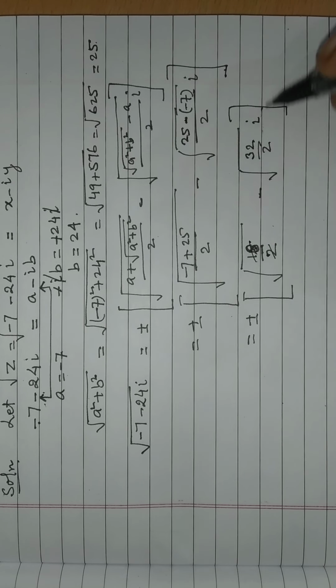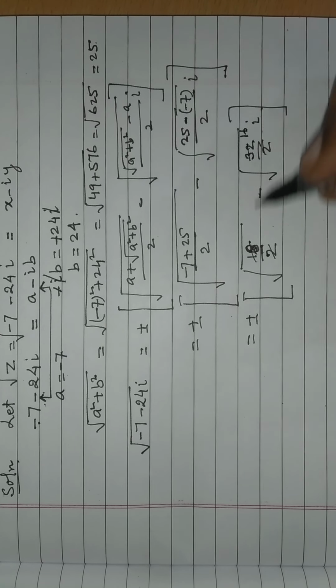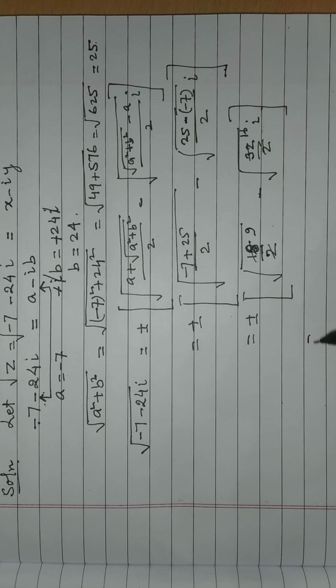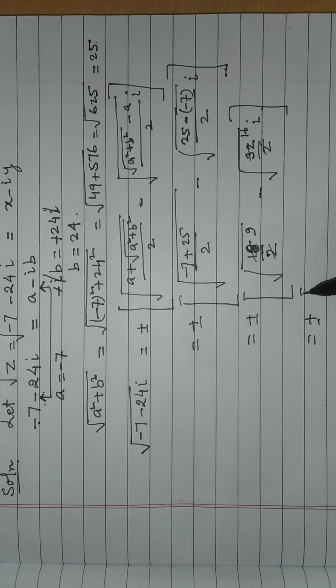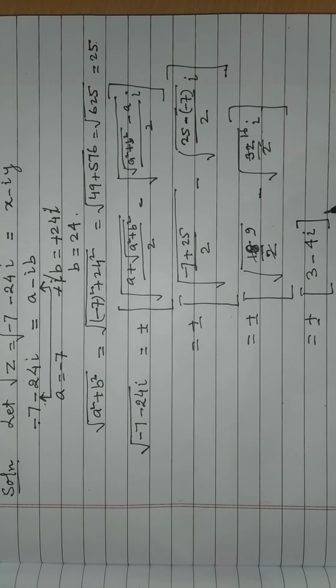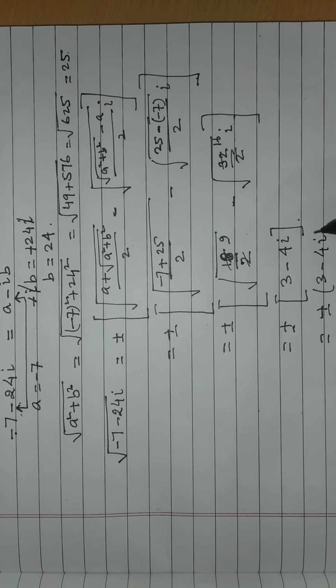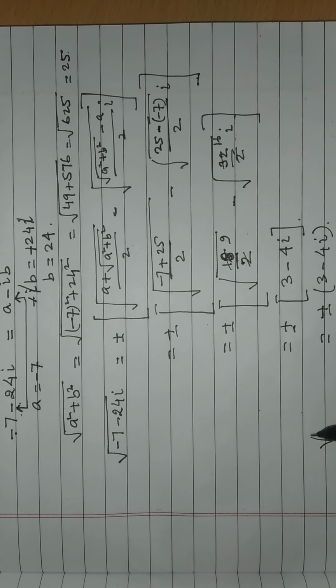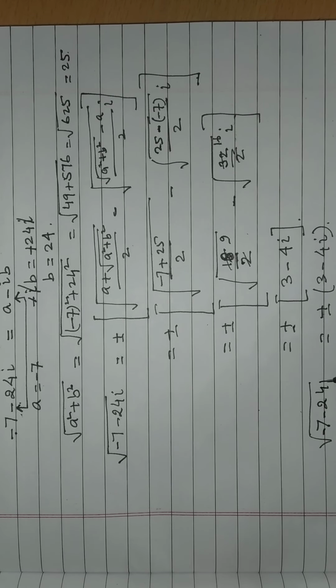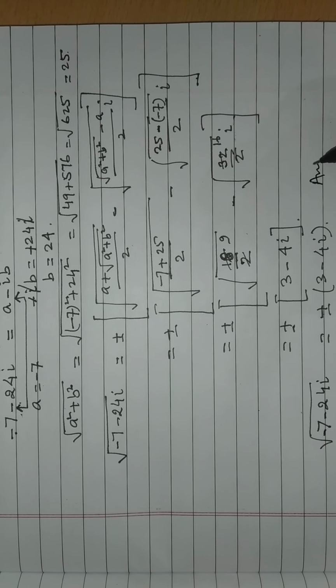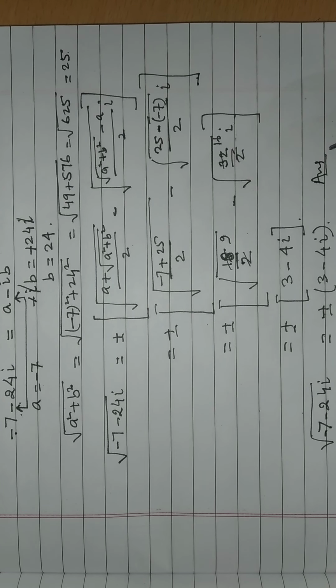So it is 9, and this is 16, so plus minus (3 minus 4i). So we can write plus minus 3 minus 4i in brackets. The square root of -7 minus 24i is equal to this. So this is the square root of this complex number.